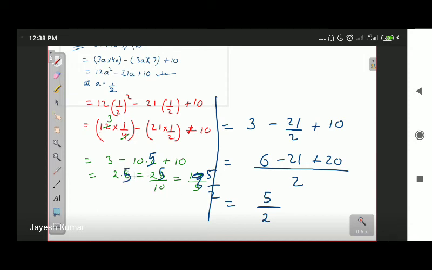Sorry, I made a mistake there. Also, 21 by 2 will be 10.5, not 10.2. So the answer is 5 by 2 in both cases. I will suggest you do this part, but if you are doing it in decimal form, then it is okay as well.